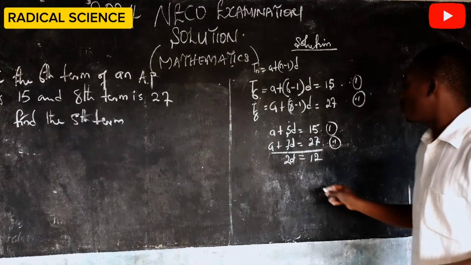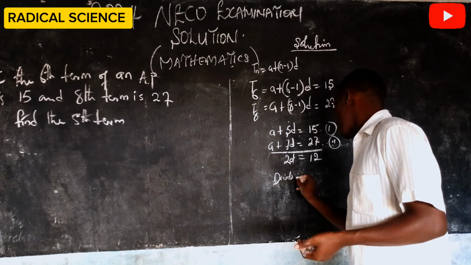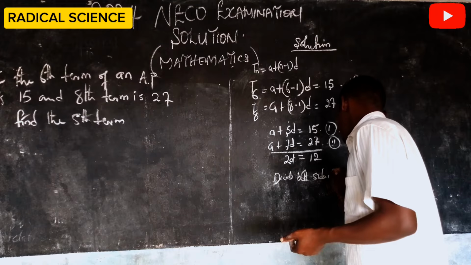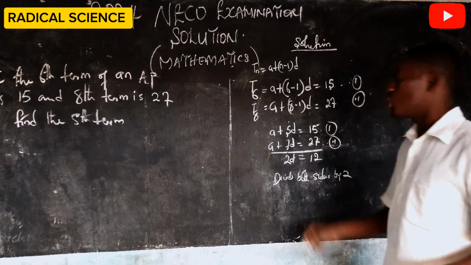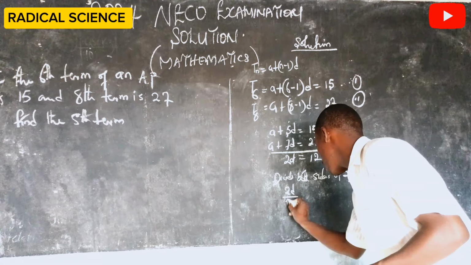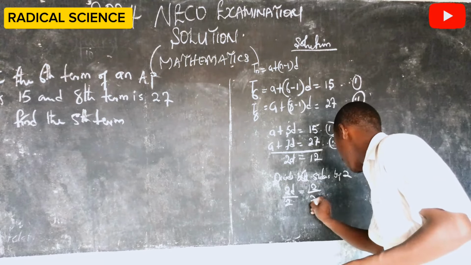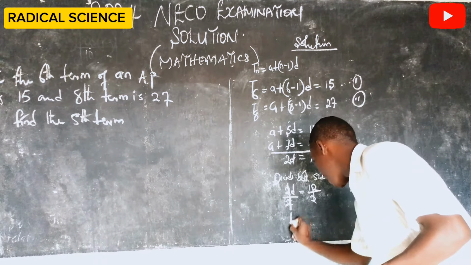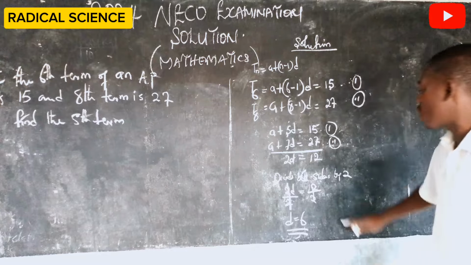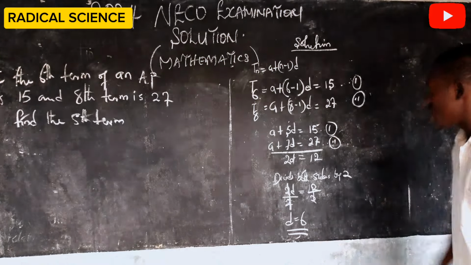To find the value of D, we divide both sides by the coefficient of D, which is 2. 2D over 2 equals 12 over 2. So the common difference D is 12 divided by 2, which is 6.